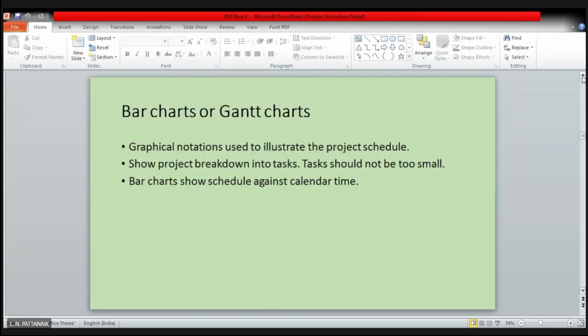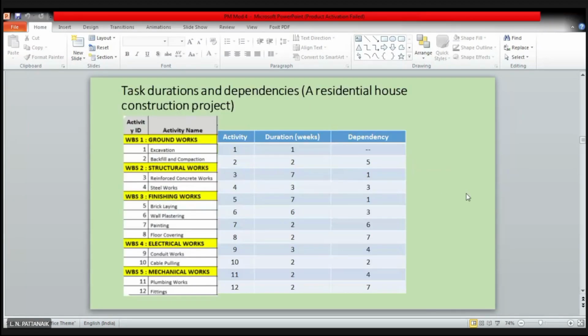Okay, so let us begin with one example. Again, this example is related to a project which is the construction of a residential house, because it's an example which most of us can relate to.